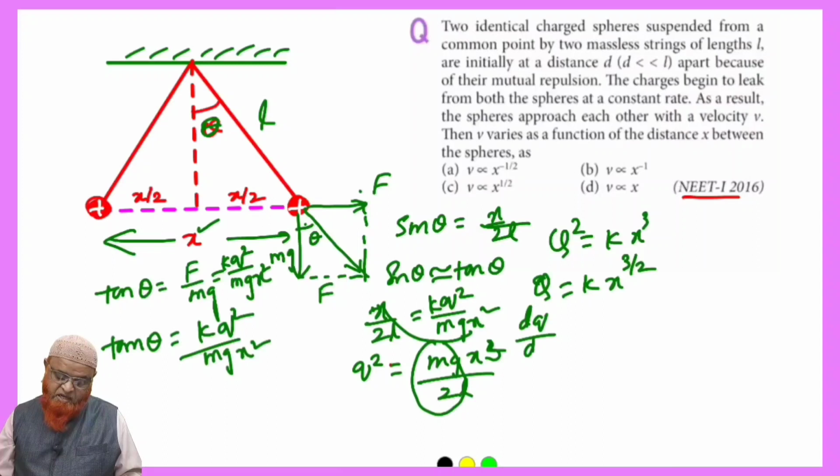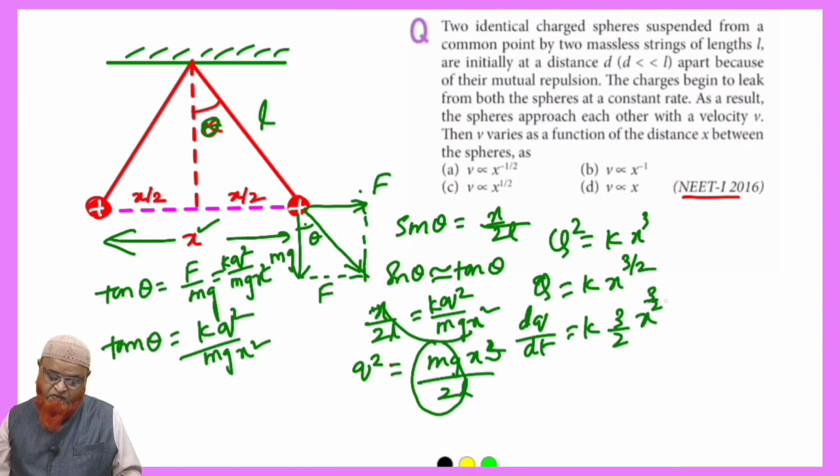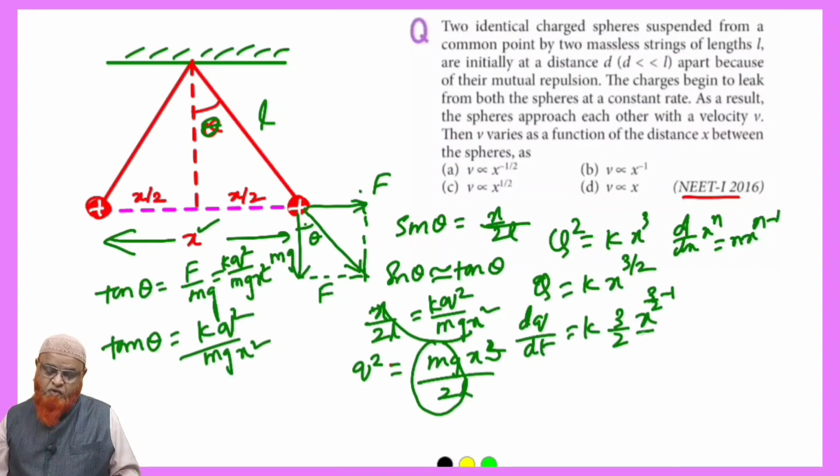So differentiating dq by dt with respect to time, k, this is 3 by 2 into x power of 3 by 2 minus 1, because d by dx of x power n is nothing but n x power of n minus 1. So finally, once again if you differentiate just for x, you will be getting dx by dt.